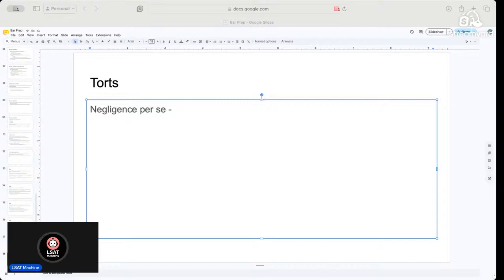Just doing it means you're negligent. For example, if you left a door unlocked, you would have to prove that leaving the door unlocked was negligent. But if it fell under negligence per se, it's already decided you're negligent. But leaving the door unlocked is not a negligence per se act.